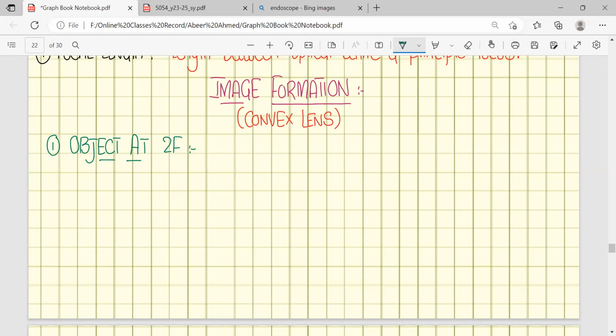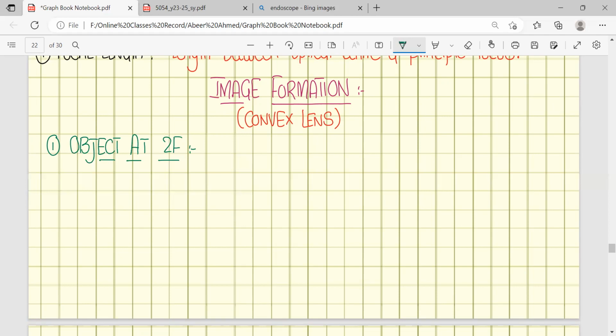This 2f means twice the length of the focal length, right? If we place an object at double the focal length, let's suppose 10 centimeters is our focal length. So if we double the distance, the object is going to be placed at 20 centimeters, right?